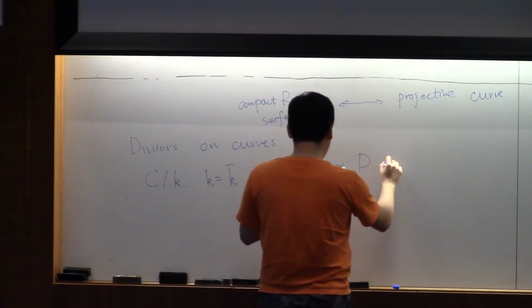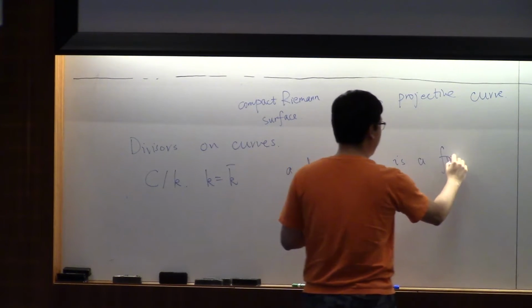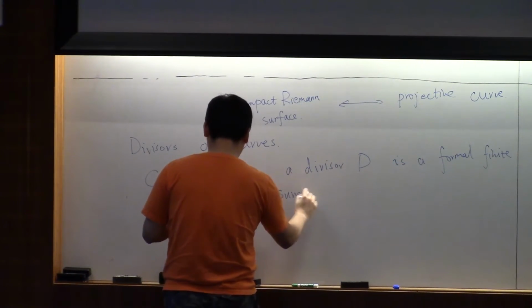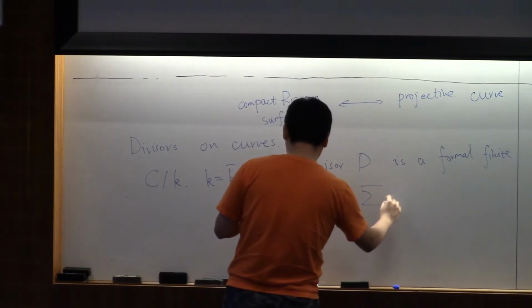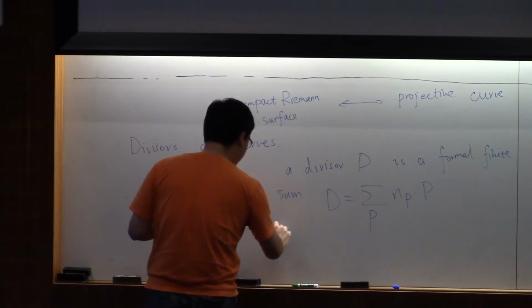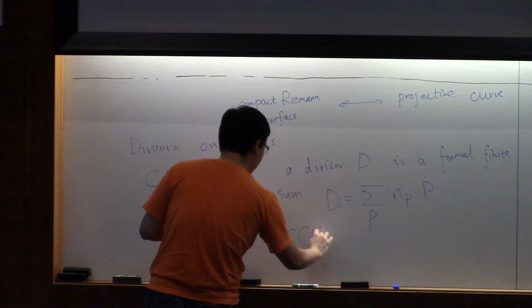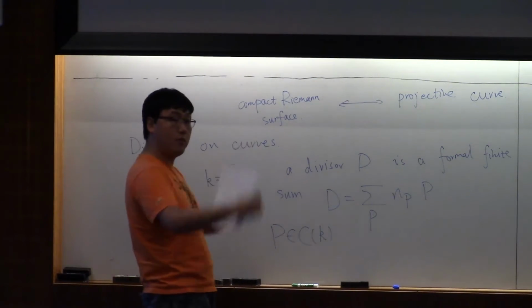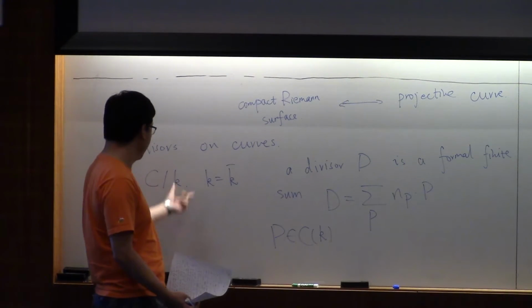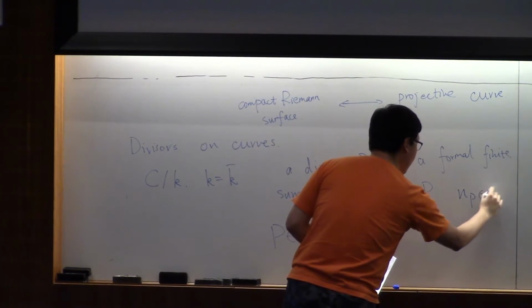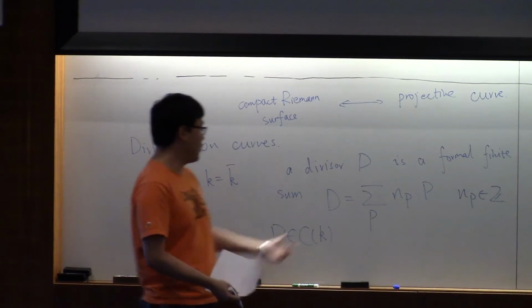D is just a formal finite sum, D equals the sum of n_P times P. Here, these P are just some points on the projective curve, and n_P are just some integers, and then you consider such a formal sum.